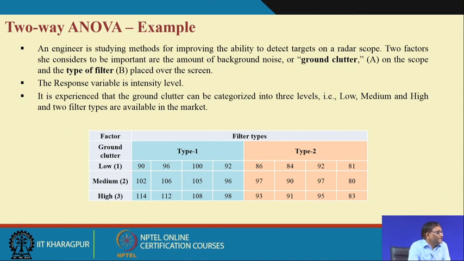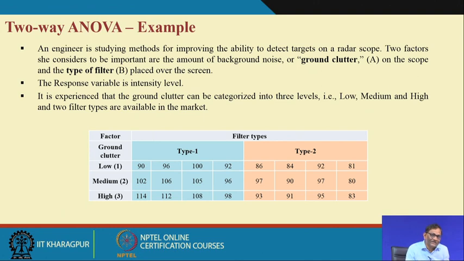Now the example is this. We introduced the filter type. Please remember, I told you in the beginning that this experimental data is taken from an example in Montgomery's book. Not only ground clutter and filter type, but there is another factor, different kinds of operators, so it is a two-factor experiment with blocking.